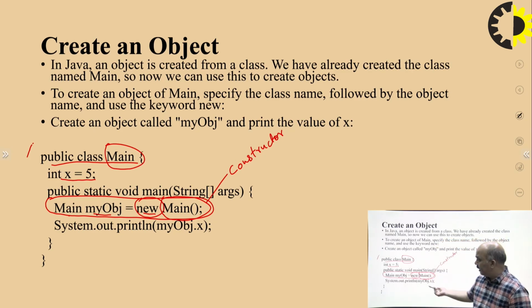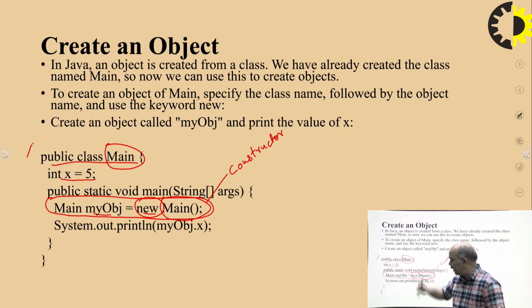Here we have created myObj, which is the class name Main, then the object name that you want to give. Here I have given myObj; you can also give xyz or anything. Then equal to new.